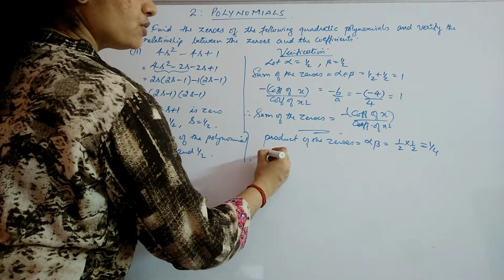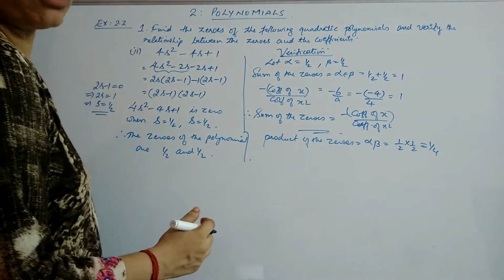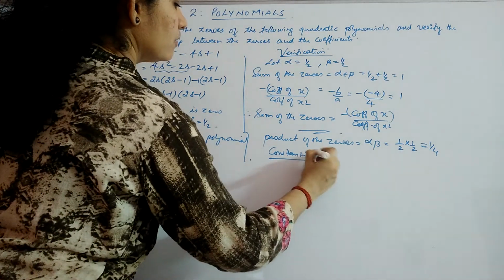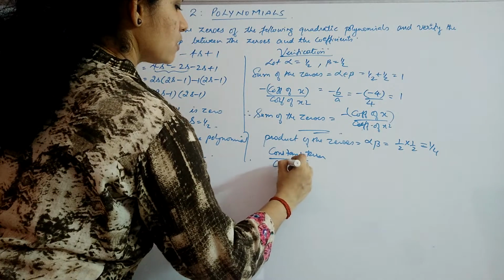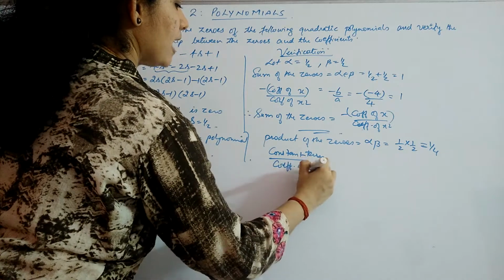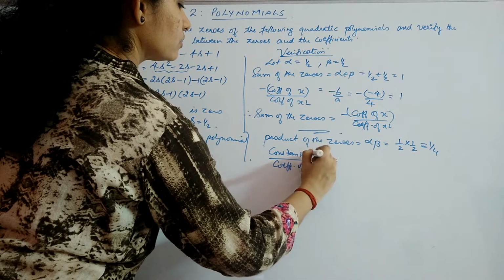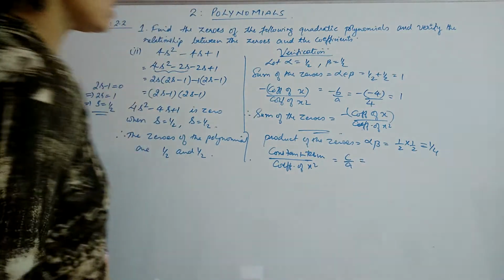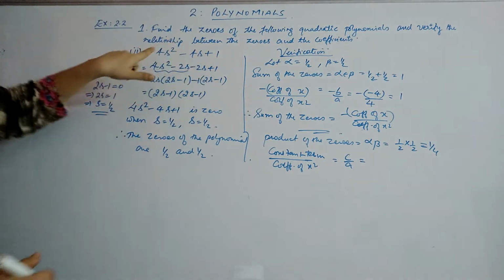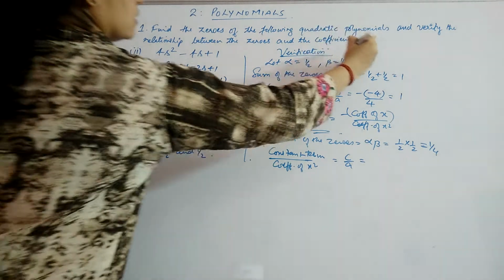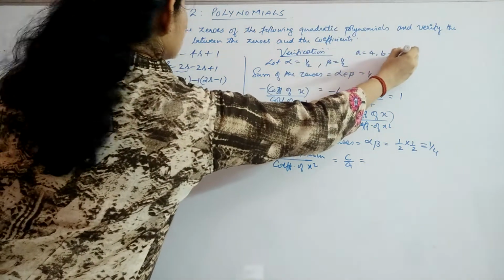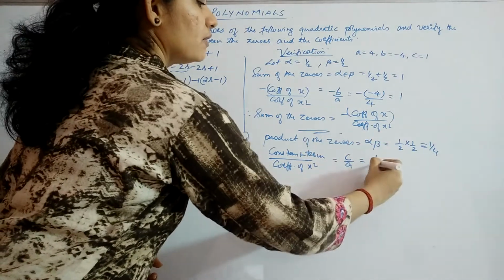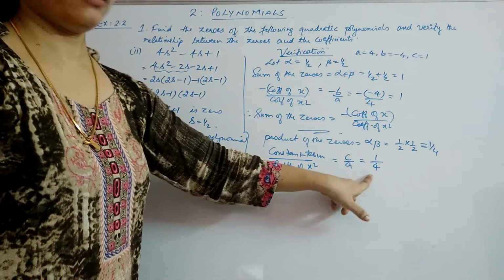Now we will get constant term divided by coefficient of x square, which is c by a. What is the constant term? C. What is c here? A is 4, b is minus 4, c is 1. So c will give you 1, a will give you 4. Both are having 1 by 4 as the value.